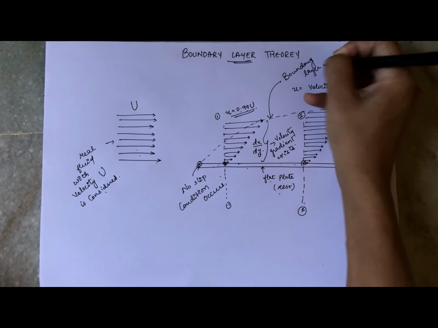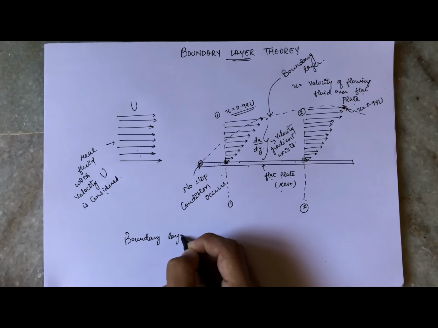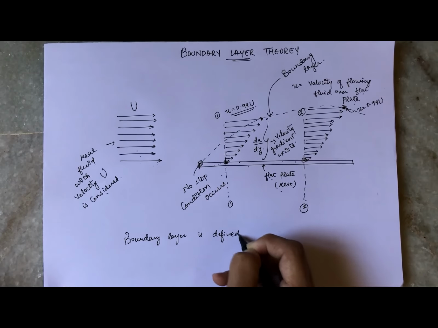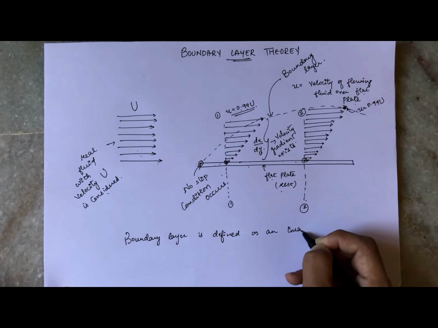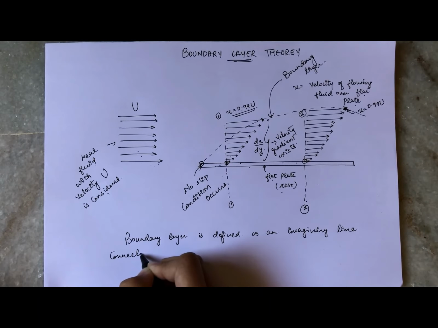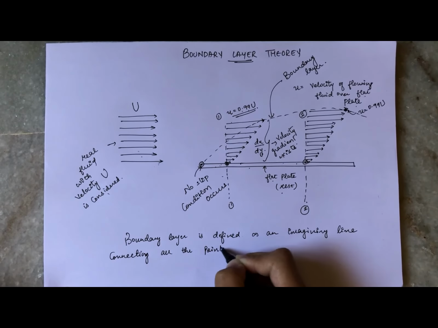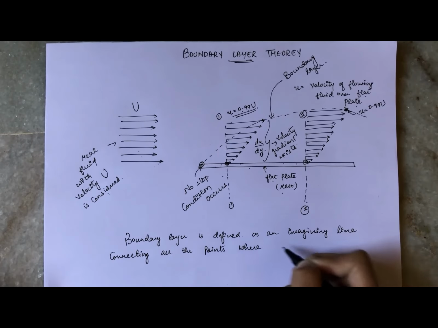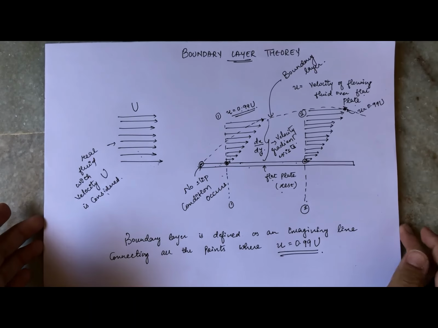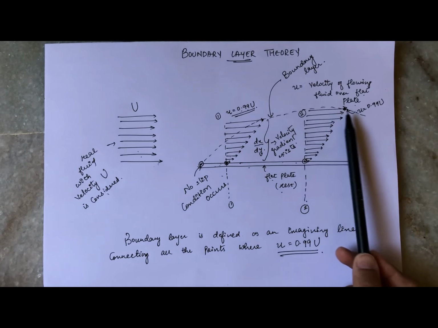Boundary layer is defined as an imaginary line connecting all the points where small u is equal to 0.99 times capital U. Or you can also say that the region where the velocity gradient exists is surrounded by the boundary layer.